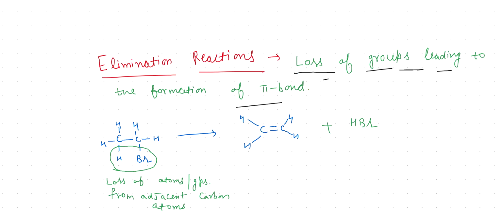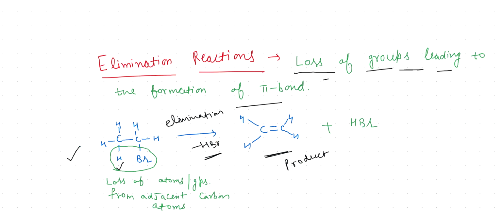Look at this example. This is ethyl bromide. Ethyl bromide was subjected to an elimination reaction, thus forming an alkene as the final product. In this, both hydrogen and bromine are lost from the reaction. So it is called an elimination reaction.